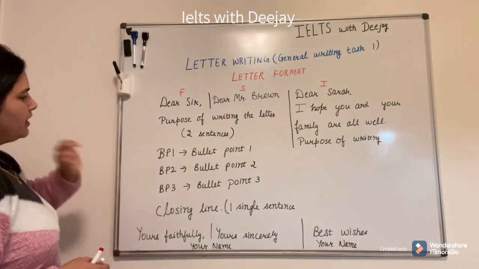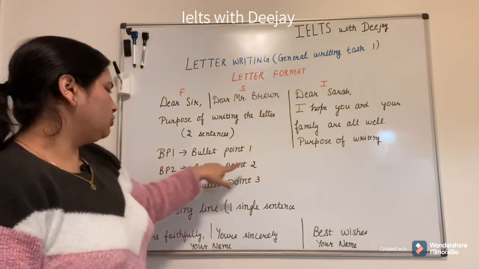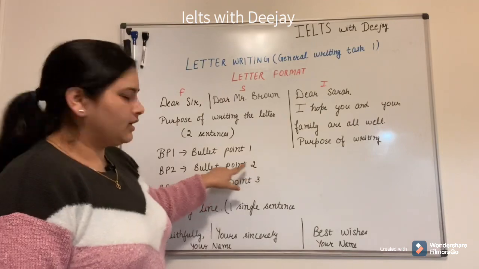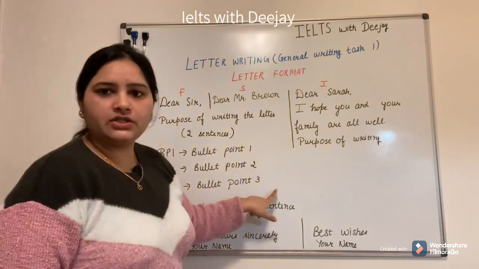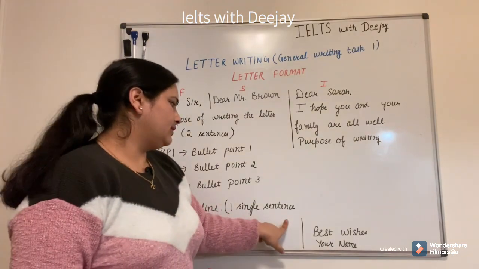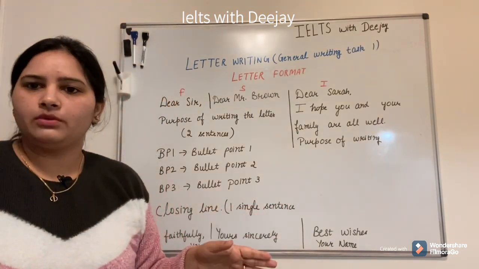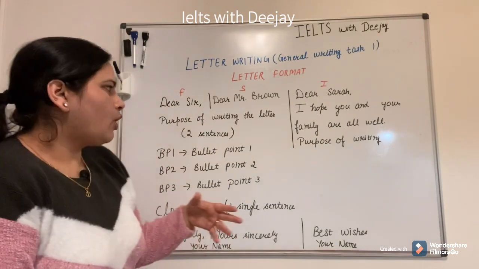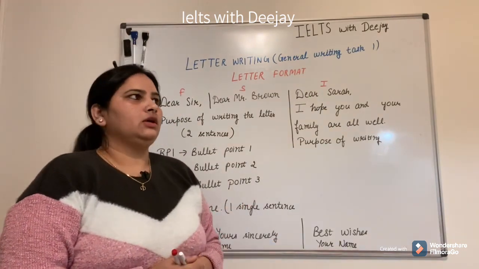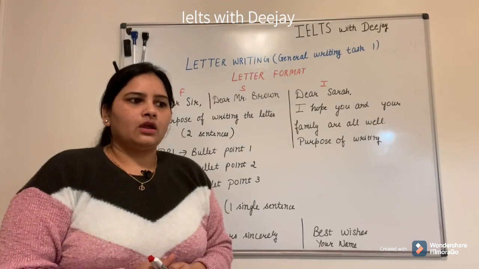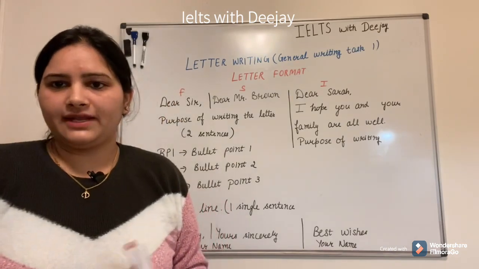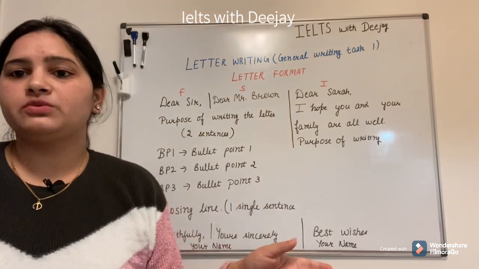Okay, after that, in BP1, you will discuss bullet point 1. In BP2, you will discuss bullet point 2. BP3, you will discuss bullet point 3. And then one closing line, one single sentence. Suppose in a formal or semi-formal letter you want an action, you want something to be done, like you're complaining about something.